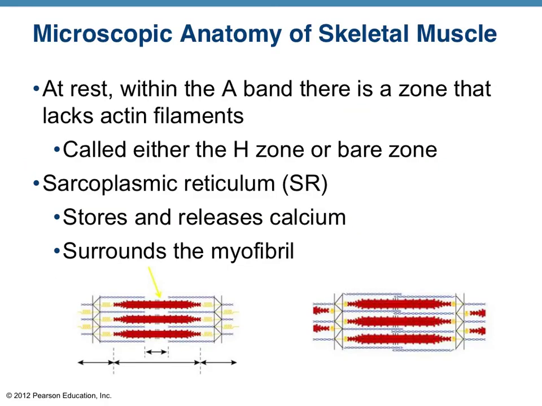The importance of this slide is just showing you a diagram of the difference between a relaxed sarcomere and a contracted or shortened sarcomere. Again, I'm not concerned with knowing the A band, H zone, or things like that, but on the left is a sarcomere that is at rest.